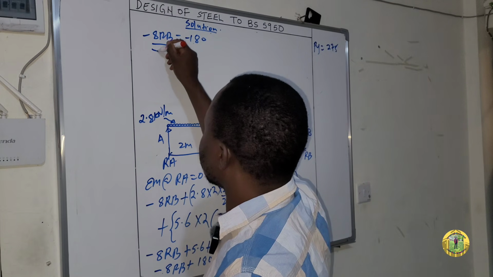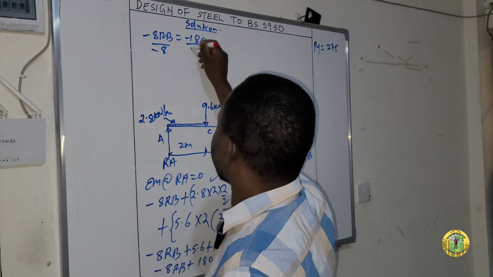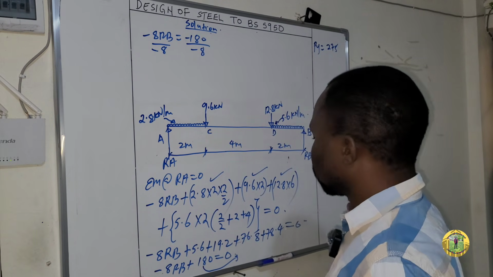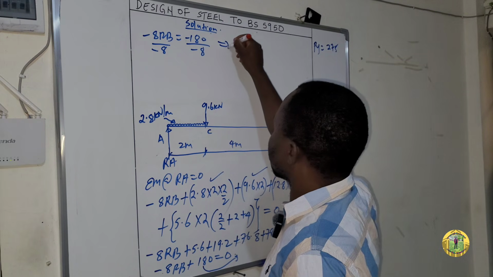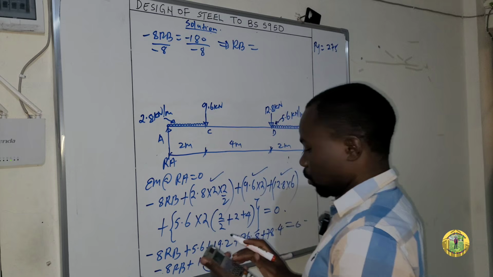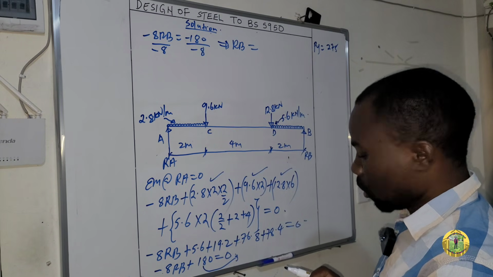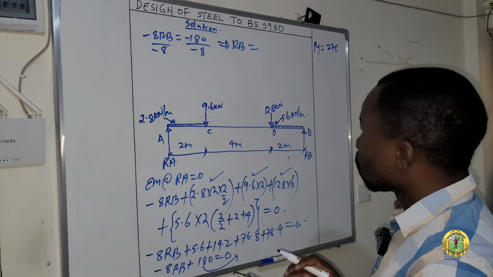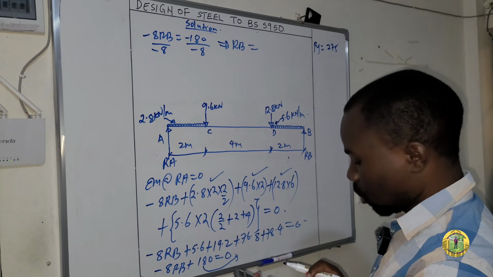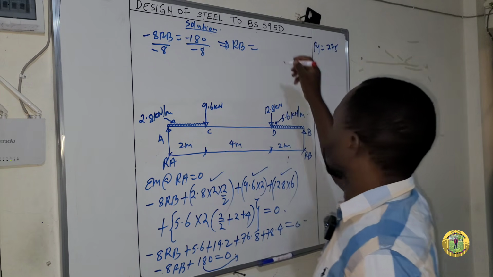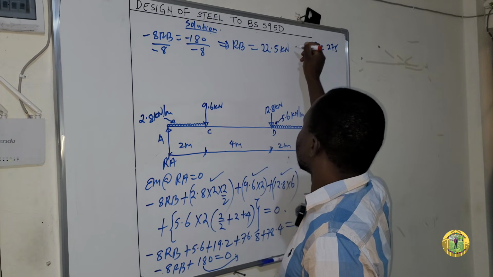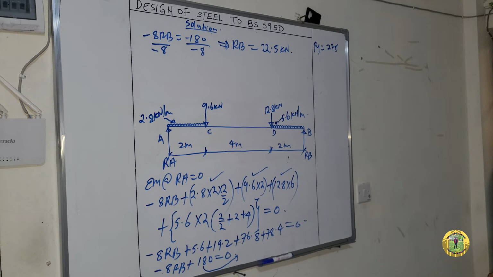We'll divide both sides by minus 8. So the negative sign cancels, which implies RB is equal to 22.5 kilonewton.